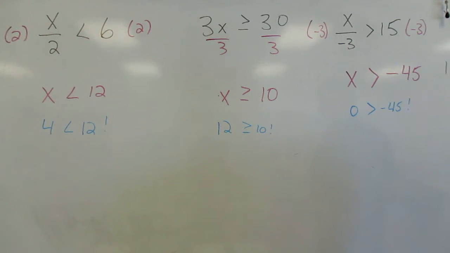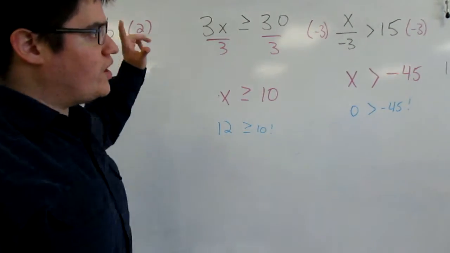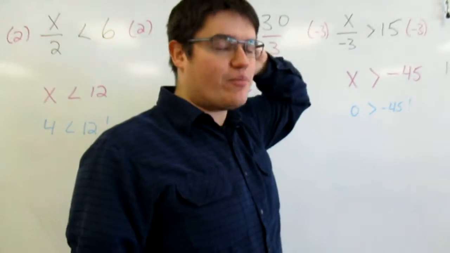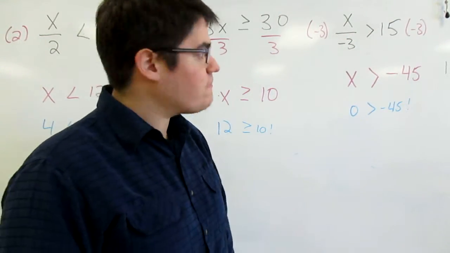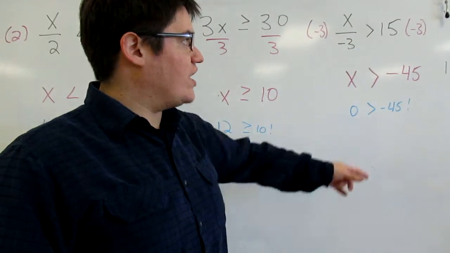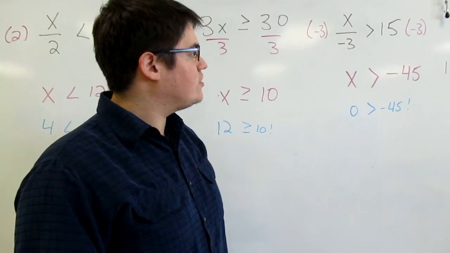No, that's false. So now we've hit a problem. These two are good to go, but when I multiply by a negative number, all of a sudden my inequality sign doesn't work. I can't change this, that's the problem they gave to us.